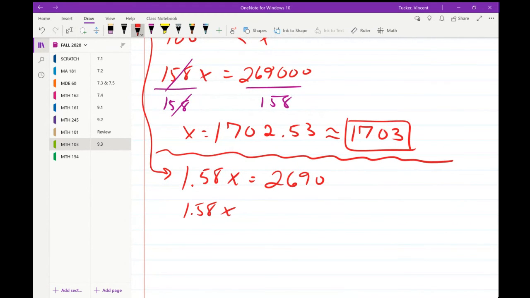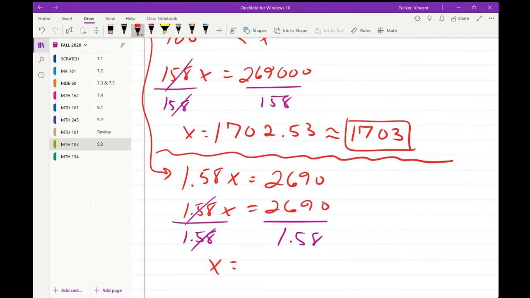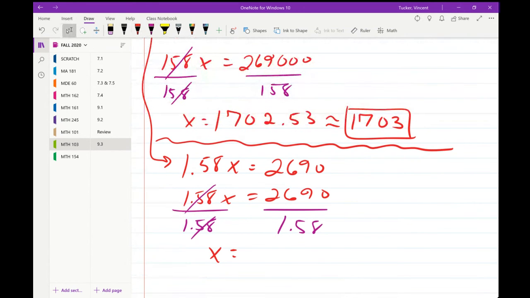So here we'll just divide by the 1.58. 1.58 cancels, leaving me with X. And 2690 divided by 1.58 once again is 1702.53, so 1703.